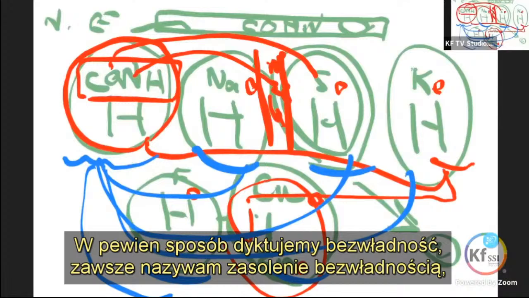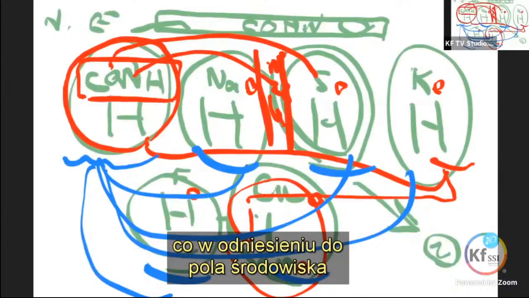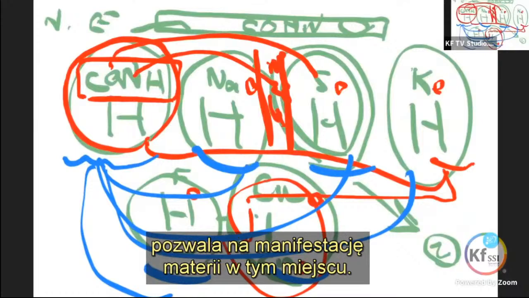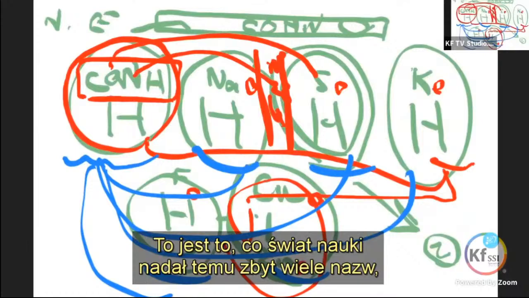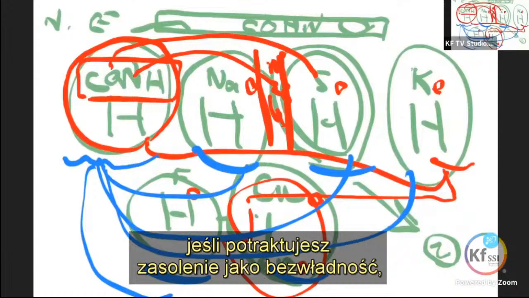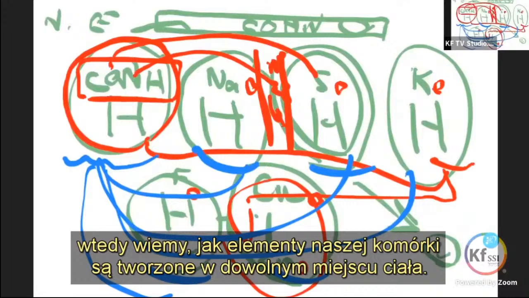I always call salinity the inertia, which in respect to the fields of the environment allows the manifestation of the matter at that point. This is what the world of science has made too many names for. If you put the salinity as inertia, then we know how elements, how cells are created anywhere in the body.